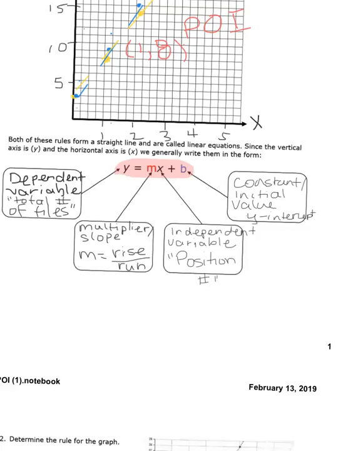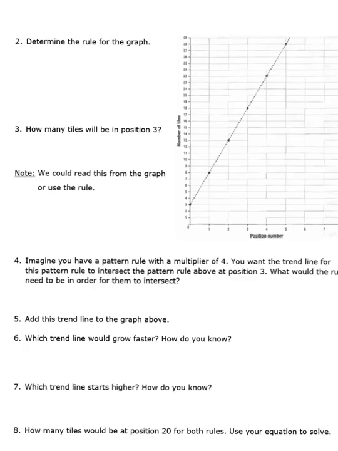So just to recap, we have our y, which is our total number of tiles, equals our multiplier times our position number plus our constant or our initial value. Okay? All right, so this should all be filled in. If you need to pause and go back, you can. Once that is done, we are going to flip the page, please.